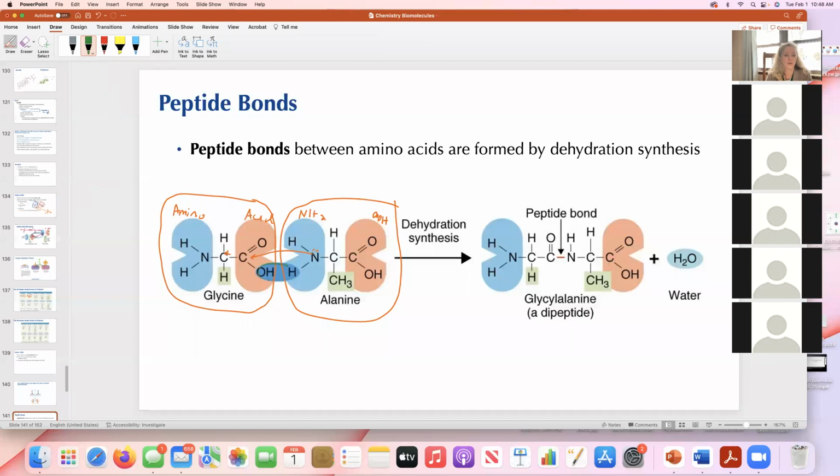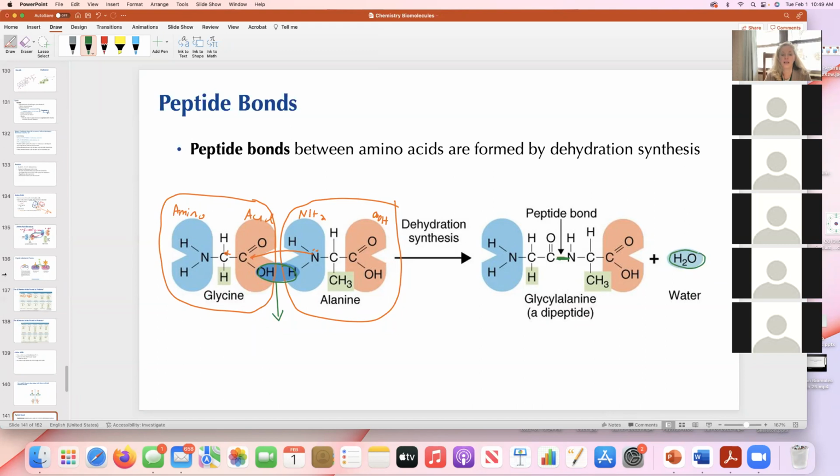So all this water is now left. And we now have a new bond formed by that dehydration synthesis. So you'll see the new peptide bond right here. Single bond drawn in, okay? And here's the water that was kicked away.